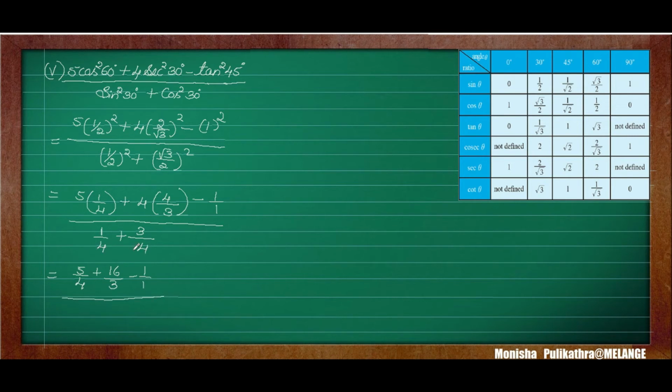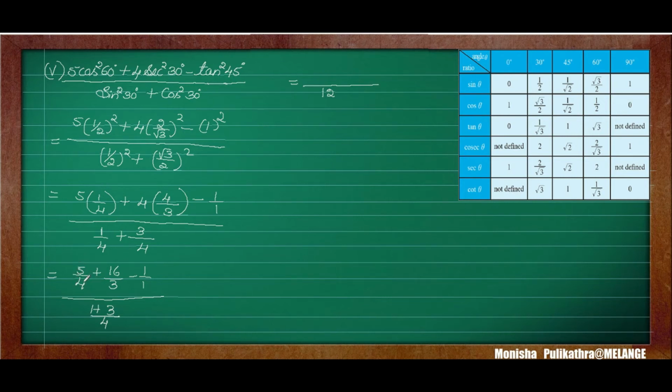So here the LCM is 4. If the LCM and denominator are same, we can retain the numerator as it is. Next, here 4, 3 and 1 are there. The LCM is 4 3s are 12. Next you have to take care of this. First, keep the ratio in mind.